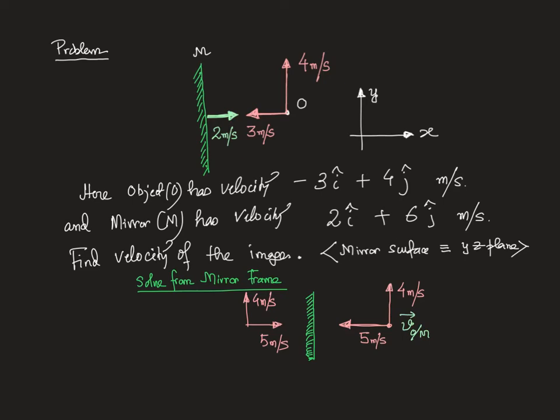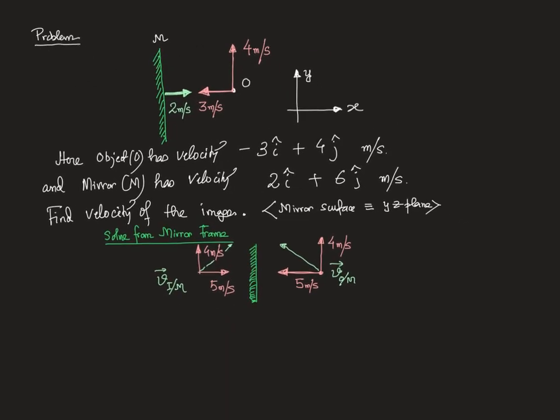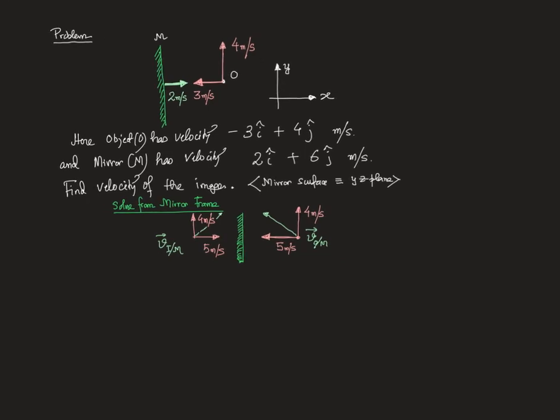So this whole vector is the velocity of the object with respect to the mirror, I mean the combination of these two vectors, and this is the velocity of the image with respect to the mirror. So we can write the velocity of the image with respect to the mirror as, as you see, 5 i cap plus 4 j cap.